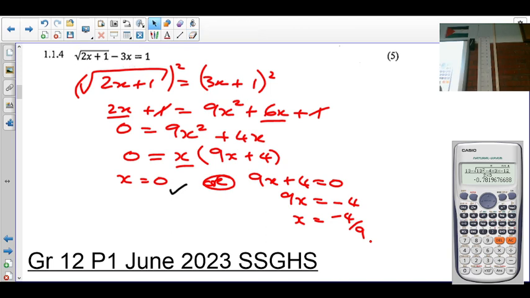If that gives me an answer of 1, then that would be a solution as well. So it's the square root of 2 times the answer plus 1 as I entered it into the calculator, minus 3 times the answer, giving an answer of 5 over 3. So is that a solution? No. So I put a line through. It's not applicable. Okay.